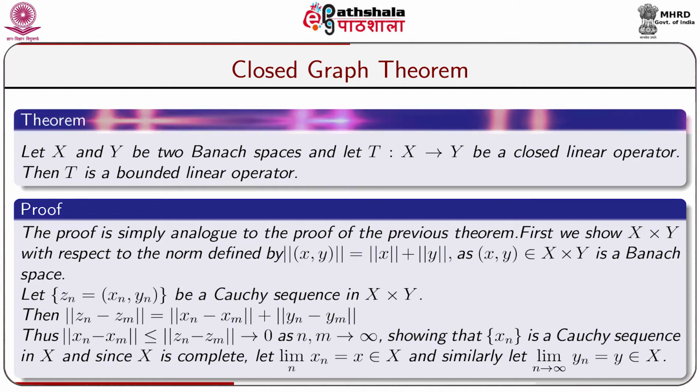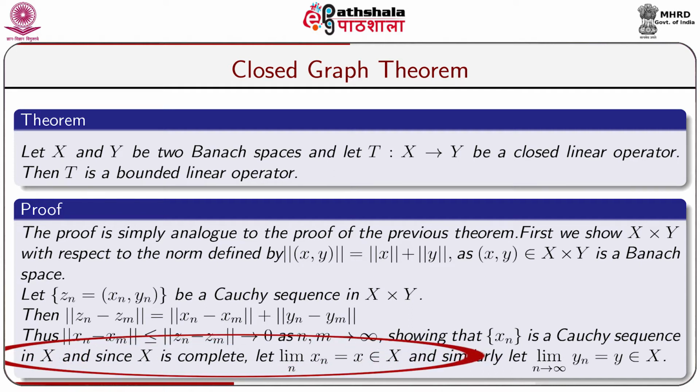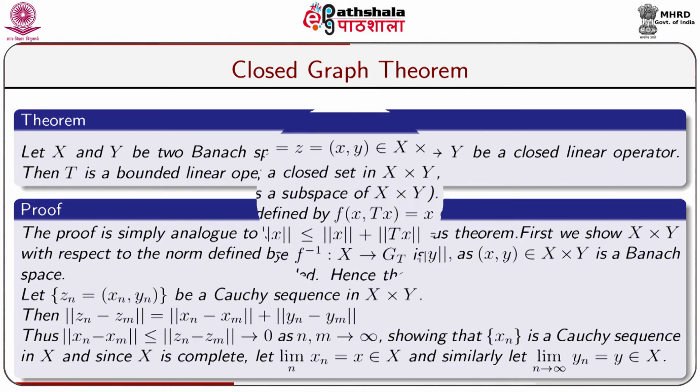So norm of xn minus xm tends to 0 as n, m tend to infinity, showing that xn is a Cauchy sequence in X. Since capital X is complete, let limit of xn as n tends to infinity be x belonging to capital X. That means xn converges to an element x belonging to capital X as X is complete, and similarly let limit as n tends to infinity of yn be y belonging to capital Y.